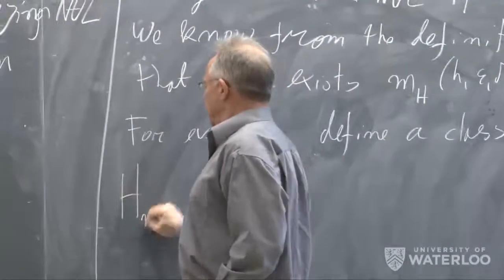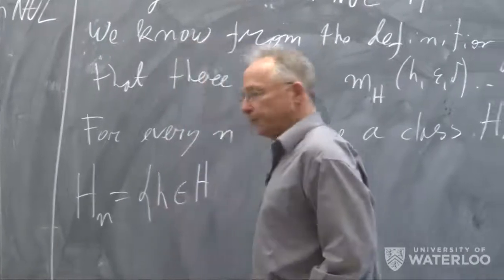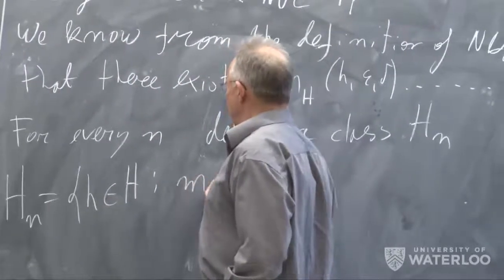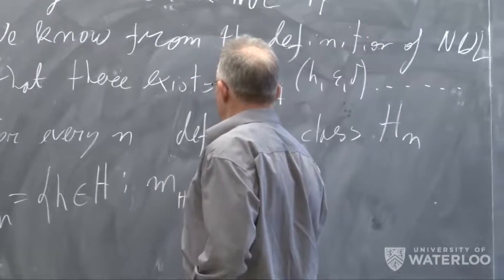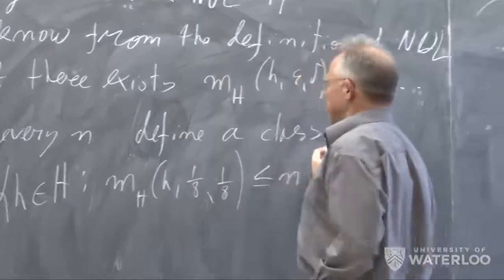Hn is going to be the set of all h's in H such that m_NUL of h, 1/8, 1/8 is at most n.